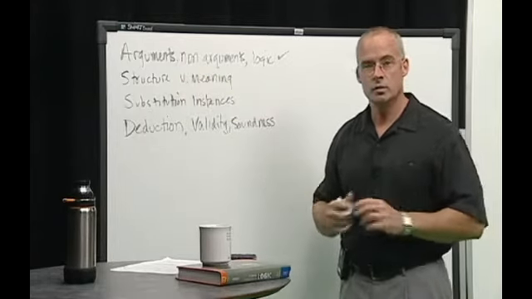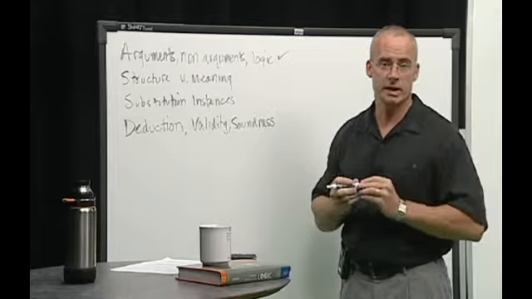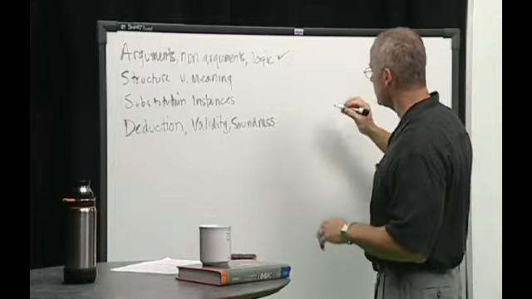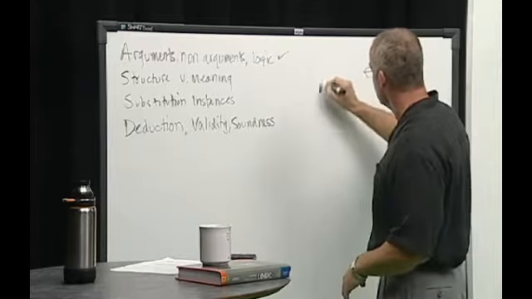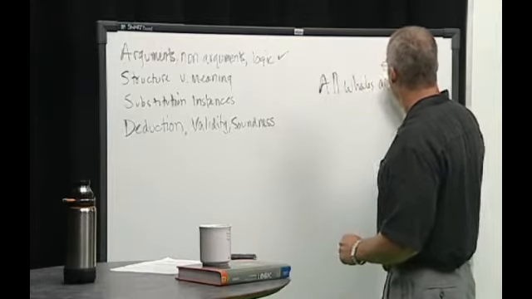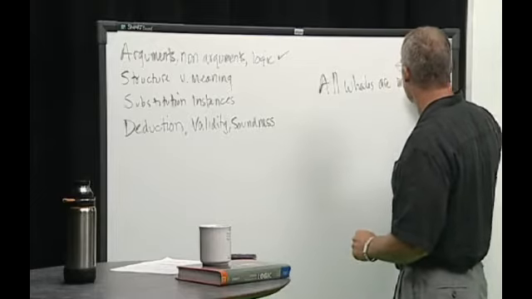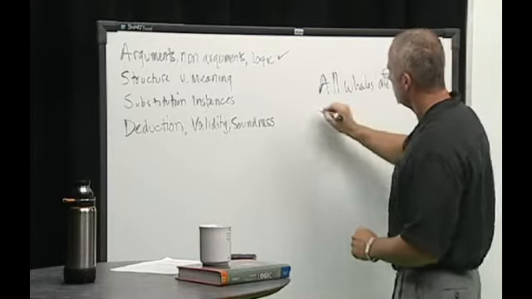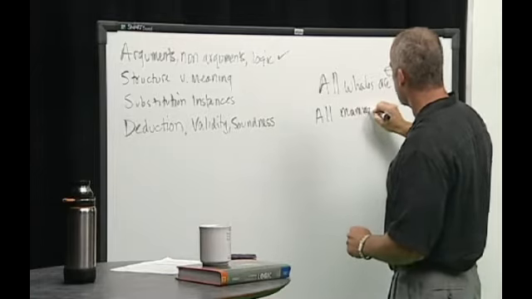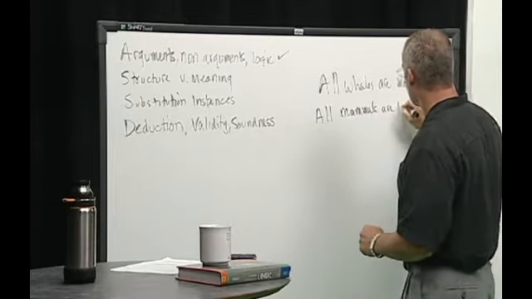So let me begin with an example, as this is probably the best way to get into this topic of structure. Look at the following argument. It's a simple one. It's called a syllogism. All whales are mammals. All mammals are warm-blooded.